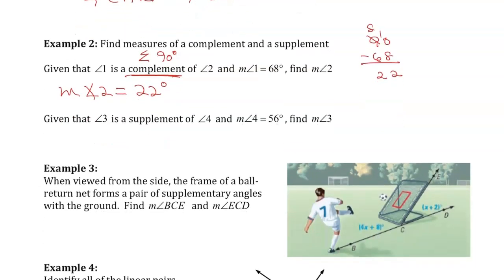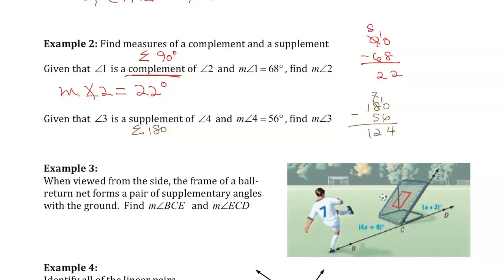Okay, angle 3 and angle 4 are supplements. That means they sum to 180. So if you know that angle 4 is 56, you can find the measure of angle 3 by saying 180 minus 56. Again, this is without calculators, so that's why I'm showing you these steps.